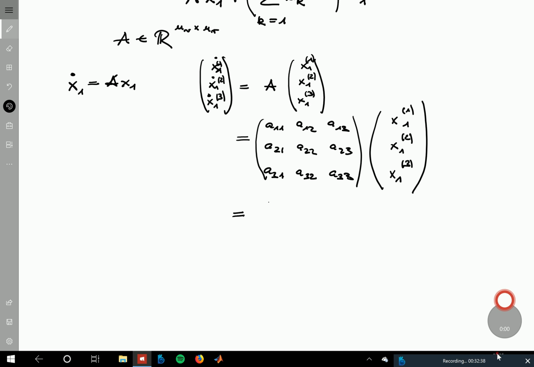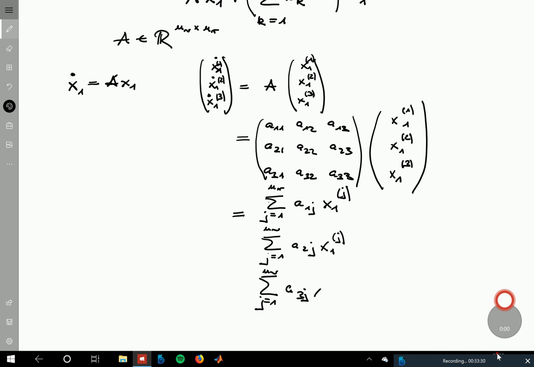This is a 3-dimensional vector, so what we get for the rate of change of each region's neural state variable is, if we call this J, for the first one, for the second one, and for the third one.